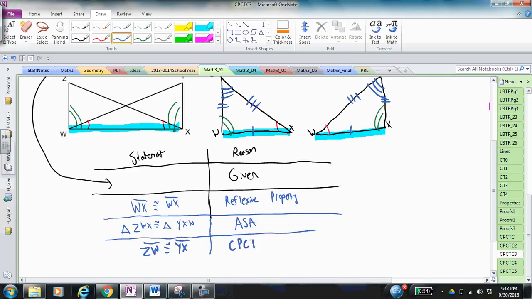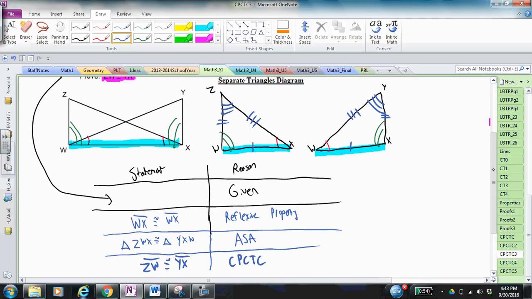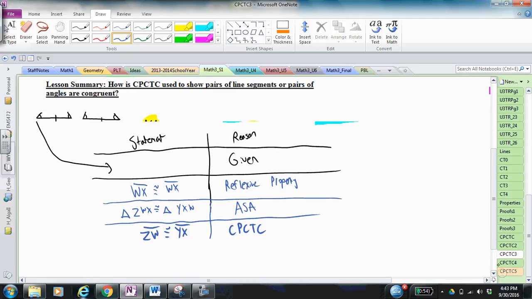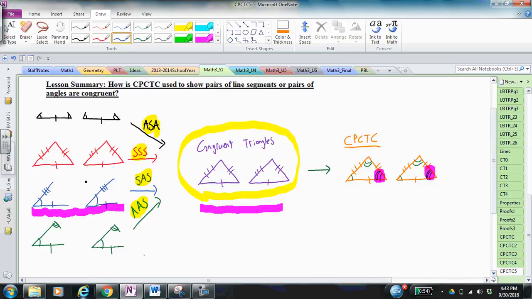Corresponding parts of congruent triangles are congruent. So I'm done with that particular proof. All right, so again, first show the triangles are congruent, as I've done here in column 1. Then, after you've shown they're congruent, you can use CPCTC. So it's a two-step process, basically.